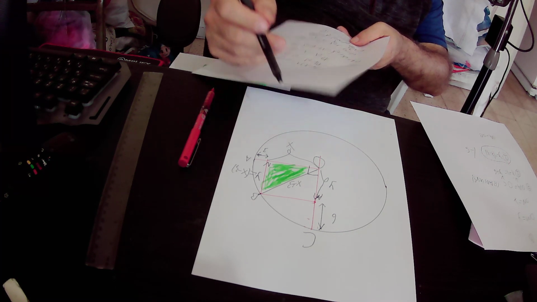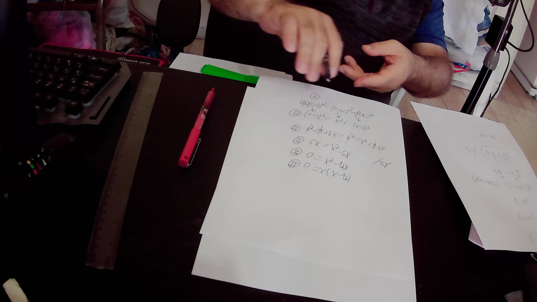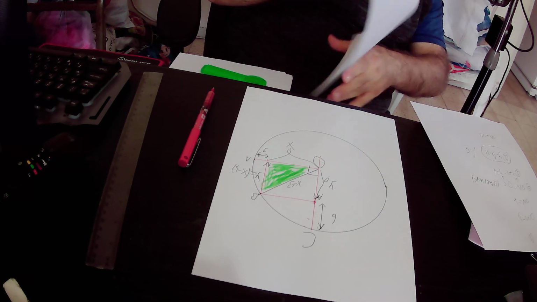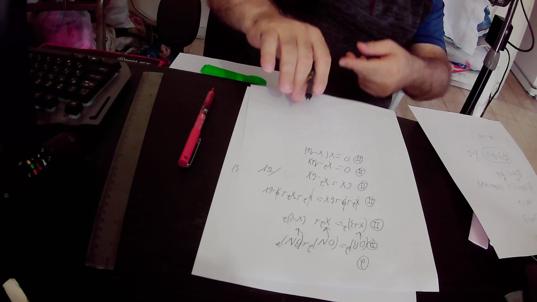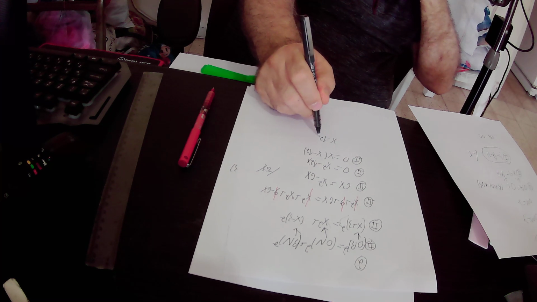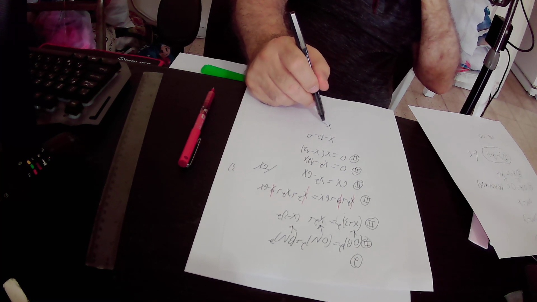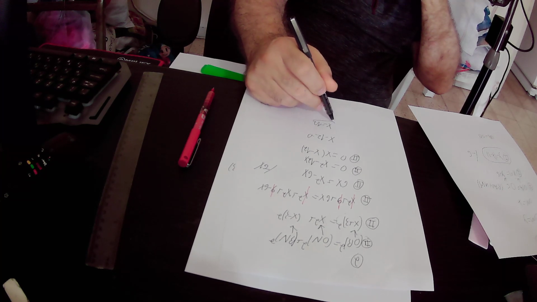So the only solution left is x minus 12 equals 0, so x equals 12 units.